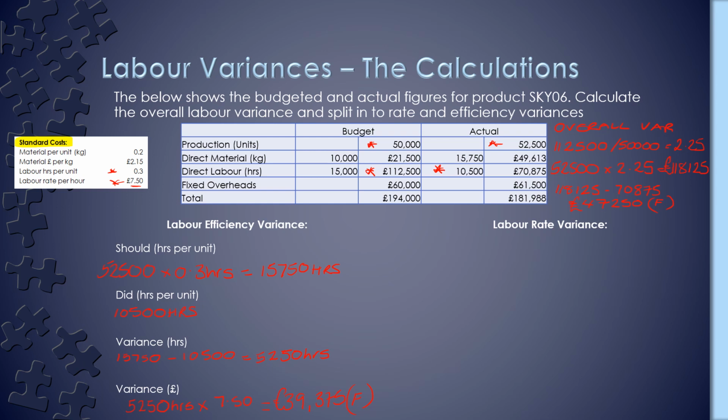So the other type of variance related to labour then is our labour rate variance. So how much are we paying per hour for our workers? So for actual production then, so we know we spent 10,500 hours. Our standard cost that we worked out is £7.50 per hour.